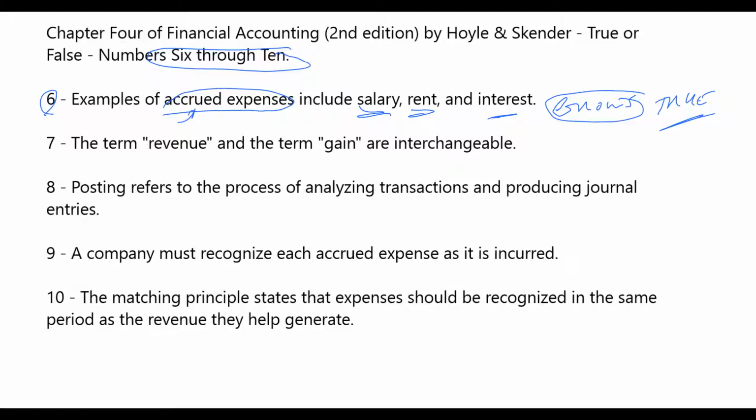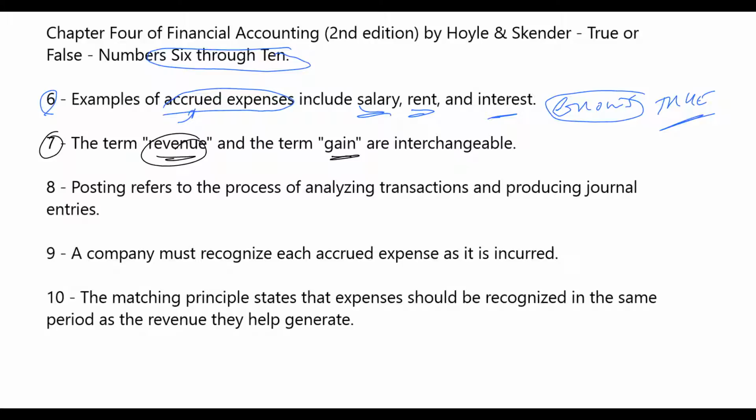Number 7, the term revenue. Now, revenue means the amount of increase in net assets from selling a good or a service. And the term gain. Gain means that you sold something that's not a primary part of your operations. The examples I often use are if you run a donut shop and you sell donuts, that's a revenue.